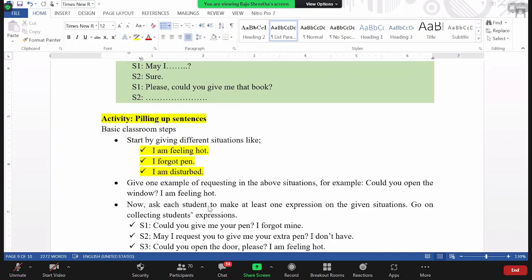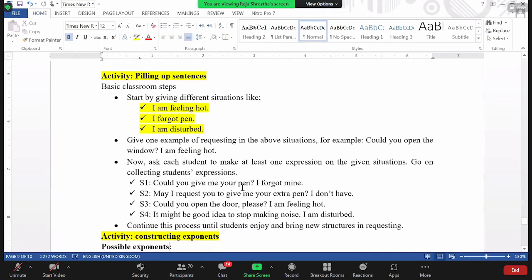Now ask students to make at least one expression on the given situation. Go on collecting students' expressions. The teacher should keep collecting as the students go on. Now student 1, 2, 3, 4, 5, like this, they go on making a request. Could you give me your pen, I forgot mine.